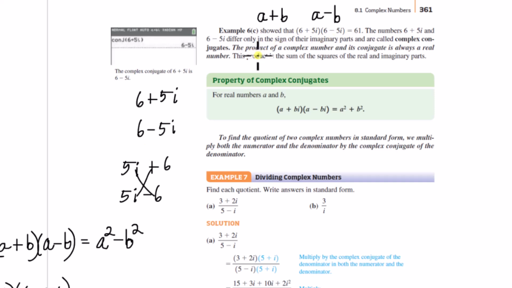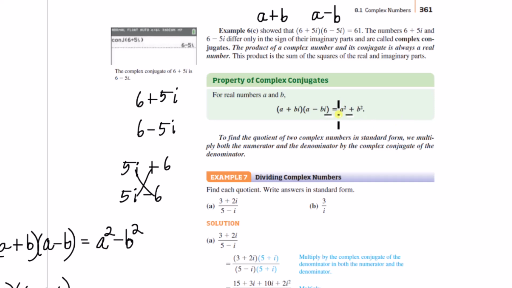Okay, and what we just saw was that when it comes to complex numbers, if you have the product of a complex number and its conjugate, then this is going to end up being a real number. There's no imaginary part. Okay, and they give a formula here, and I don't like these formulas because you don't need to memorize any of this, because you're going to operate with i and with complex numbers like they're just any other number anyway.